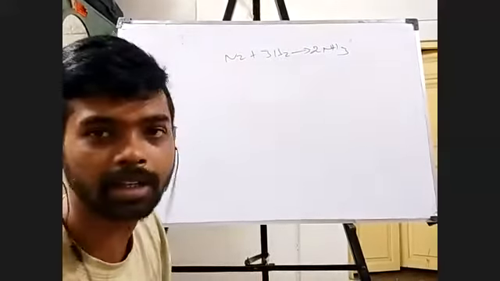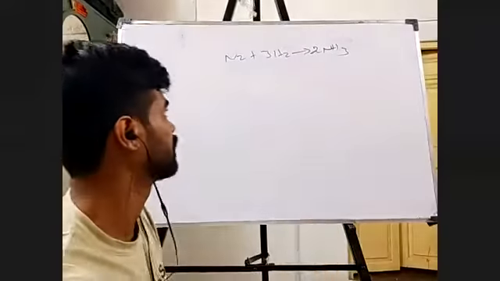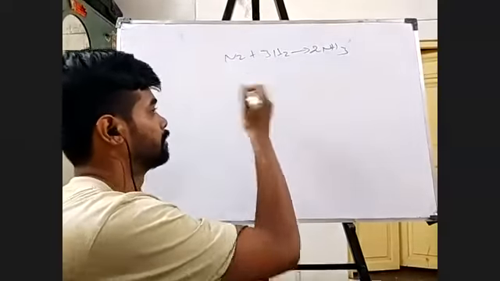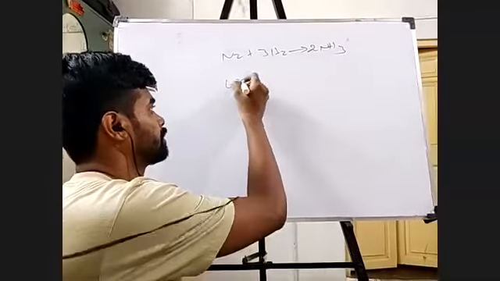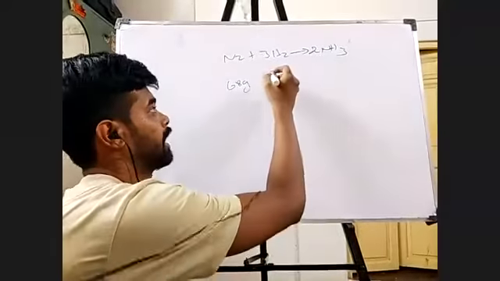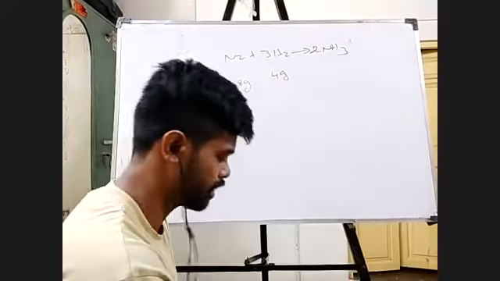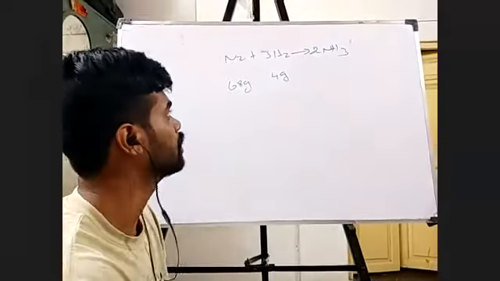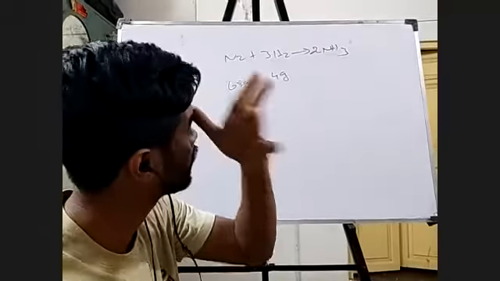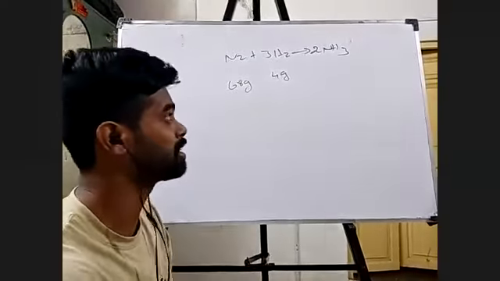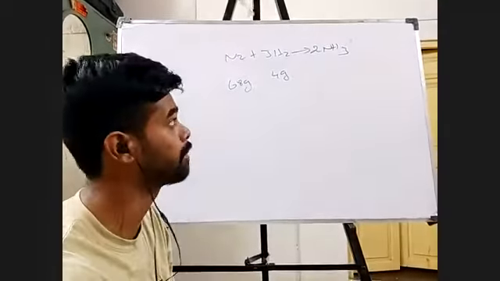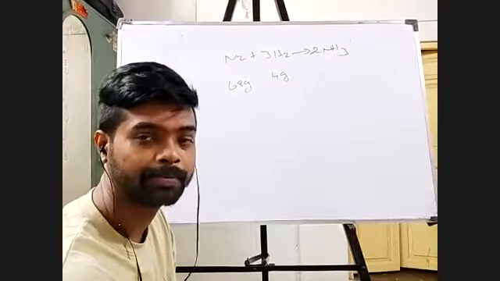Say I give the information to you like this: 68 grams of N2 is present, and 4 grams of H2 is present, and they're asking you what is the mass of NH3 getting formed.